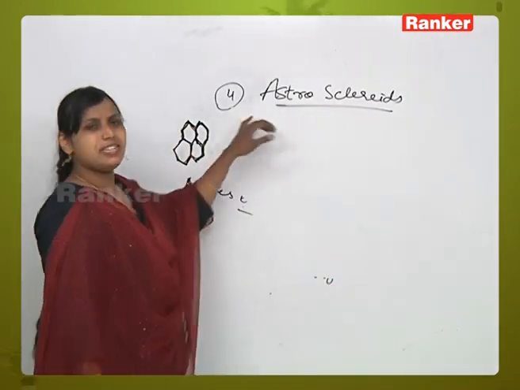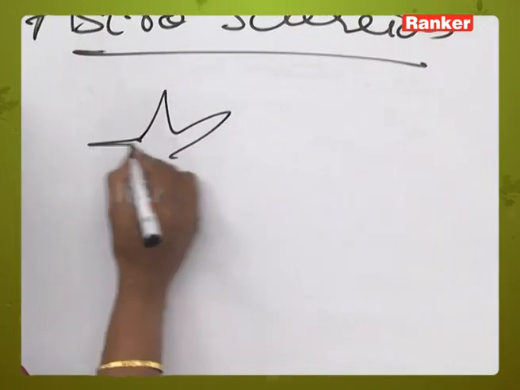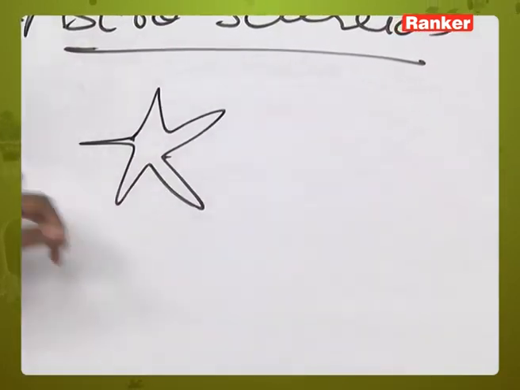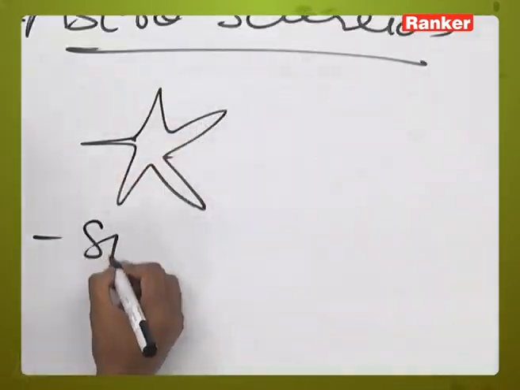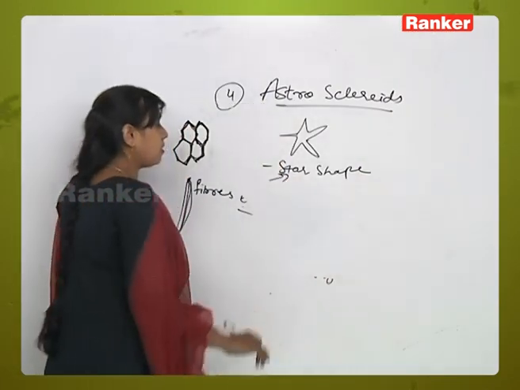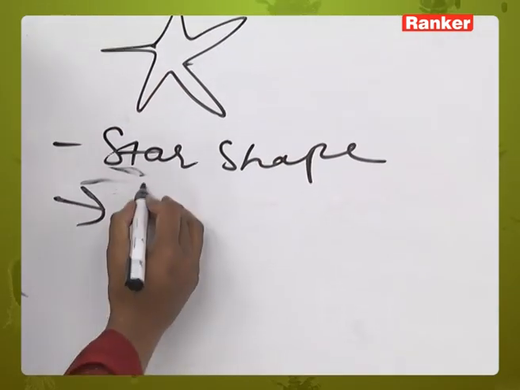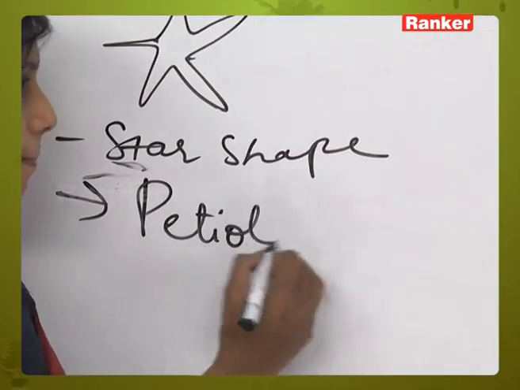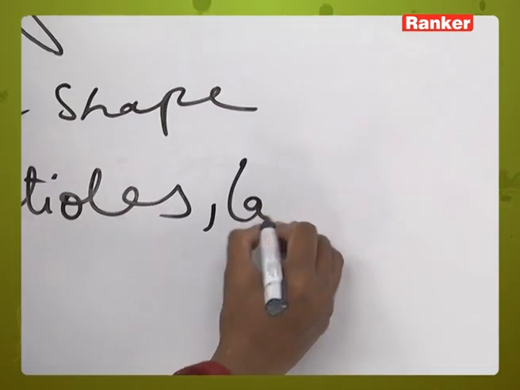Now, as the name itself indicates, astro means star shape. If the sclerite is star shape, then those are called astrosclerites. Now, where are these present? These are present in the petioles and also the lamina of the leaves.